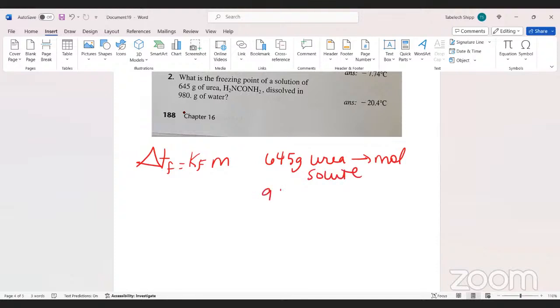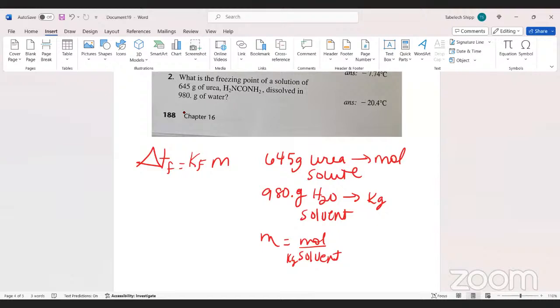They also gave us 980 point something grams of water that we have to convert to kilograms. This is your solvent. And you know molality is equal to the moles over the kilograms of your solvent.